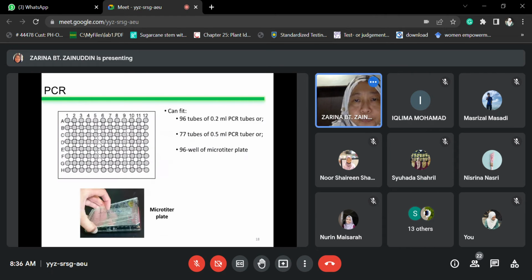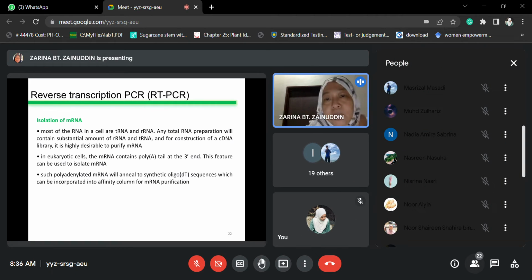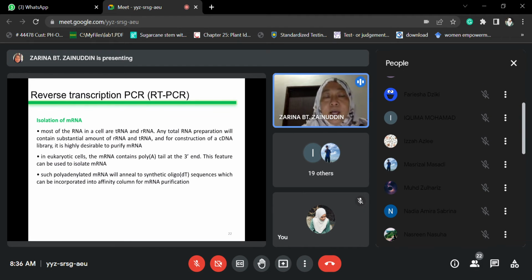Alright. Also after that, we discussed how to do reverse transcription. Reverse transcription involves two steps. The first is to isolate the mRNA, which is based on the features of mRNA.